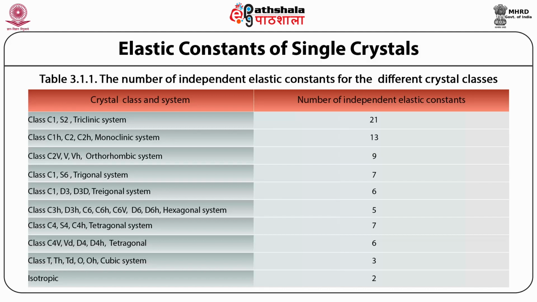As you can see, for the triclinic system classes C1 and S2 there is the maximum number of independent elastic constants, and below that we have the monoclinic system classes C1H, C2, C2H having 13 independent elastic constants, and the minimum number of independent elastic constants occurs for the isotropic system.